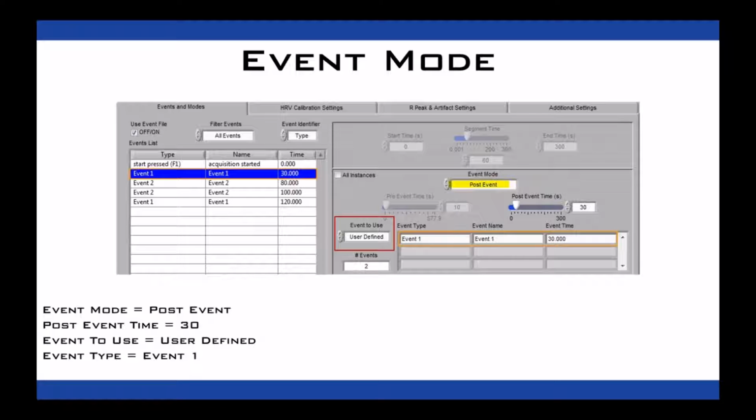You just click in here and change it from all to user defined, and it will highlight this next field, allowing you to put in whatever you'd like. All you need to do is click into that and then click the event on the left that you would like to choose. It will all populate inside this orange box, and then you're ready to go.